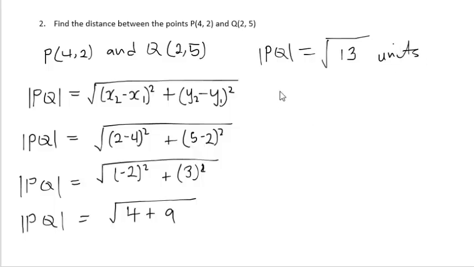But if you want to leave your answer in decimal places, our PQ, the square root of 13, is giving us 3.6 units.